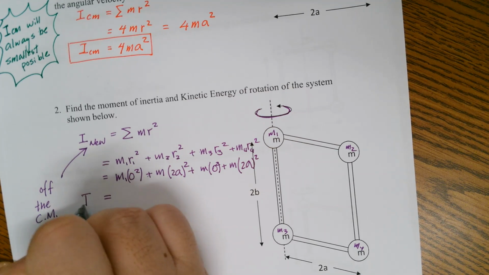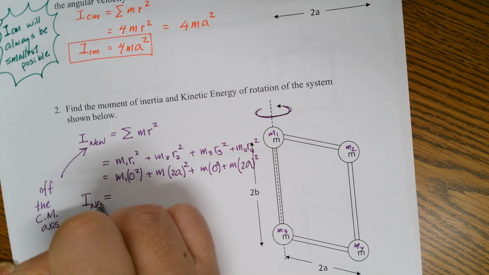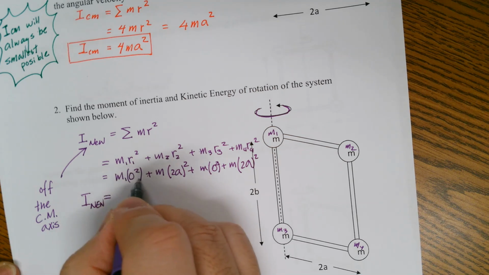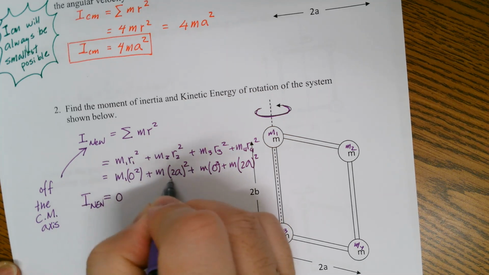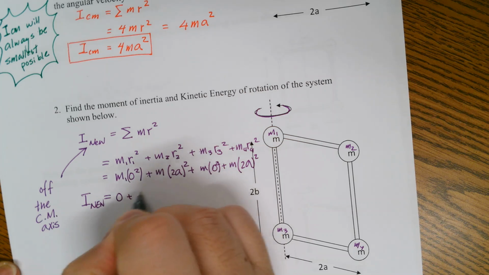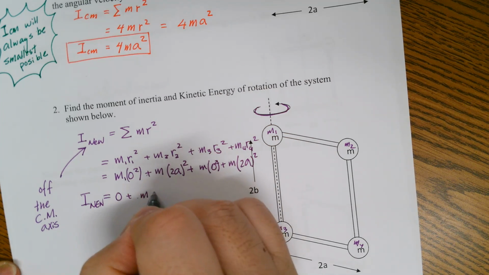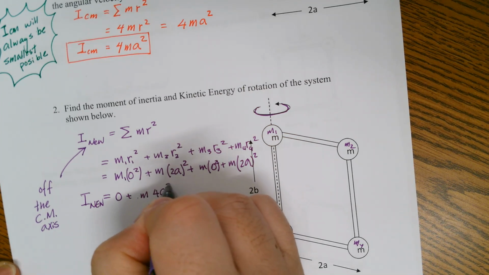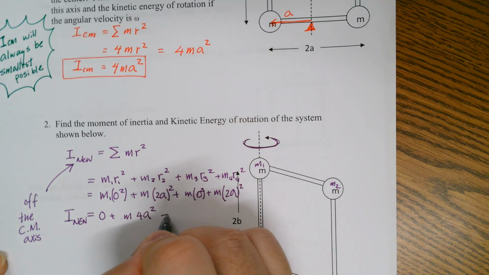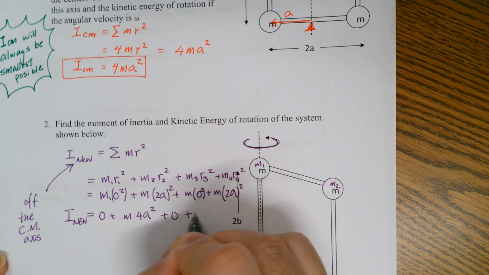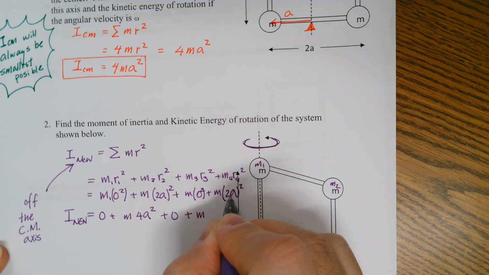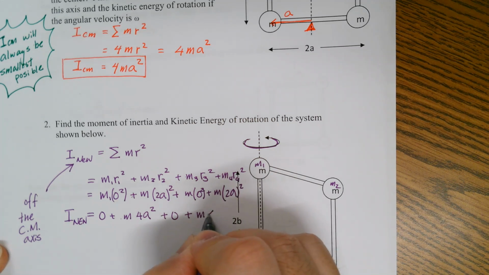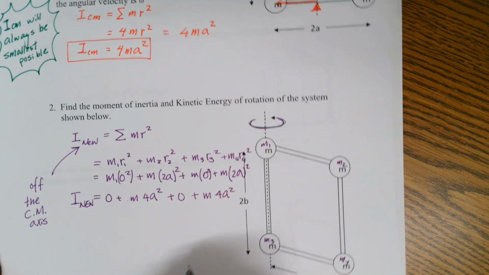So my new moment of inertia is equal to, well, m times 0 is 0, plus m times 2a squared, which is 4a squared, plus 0, plus m times the quantity 2a squared, which is 4a squared.